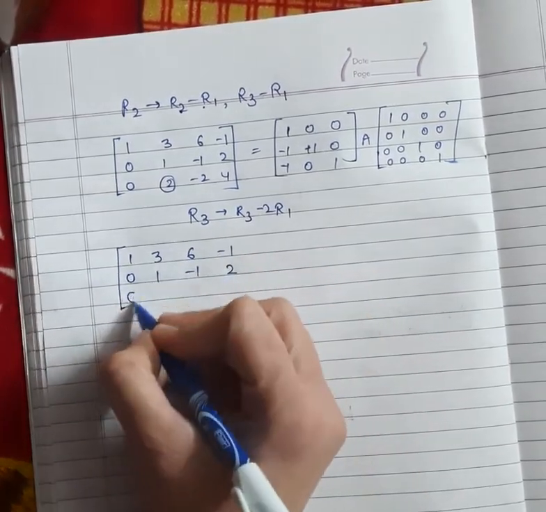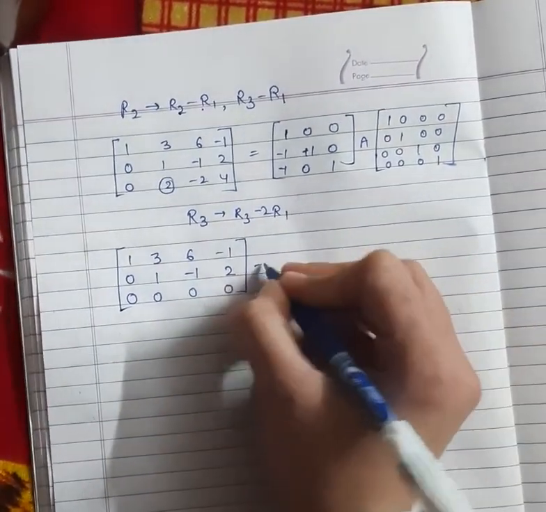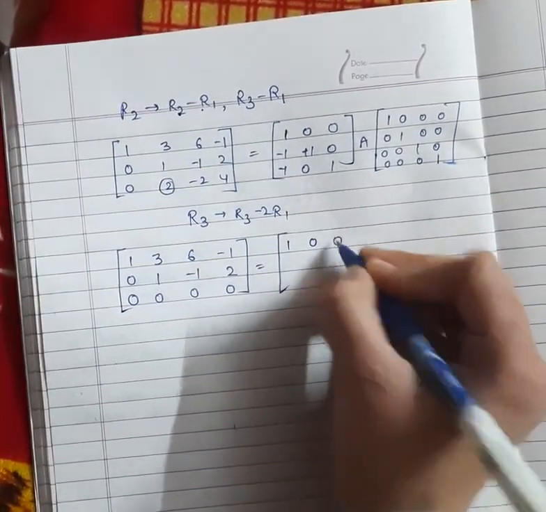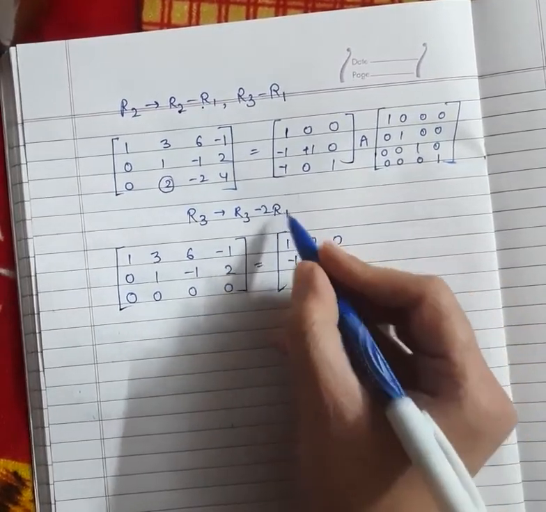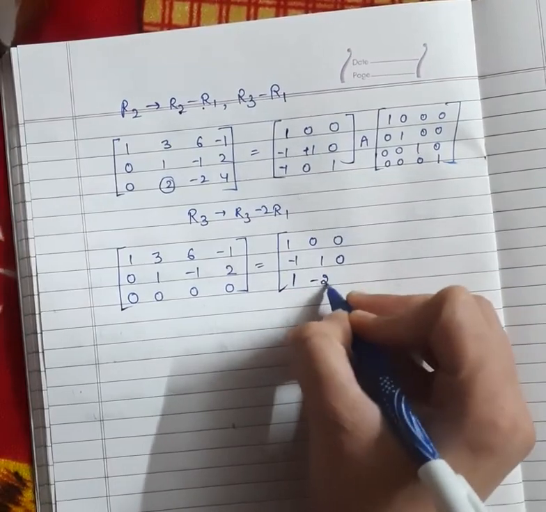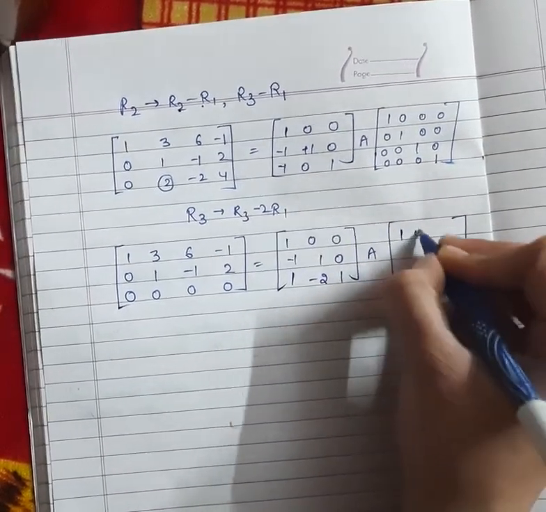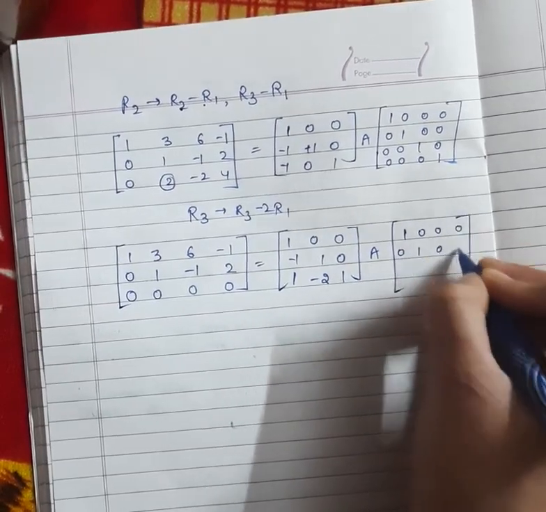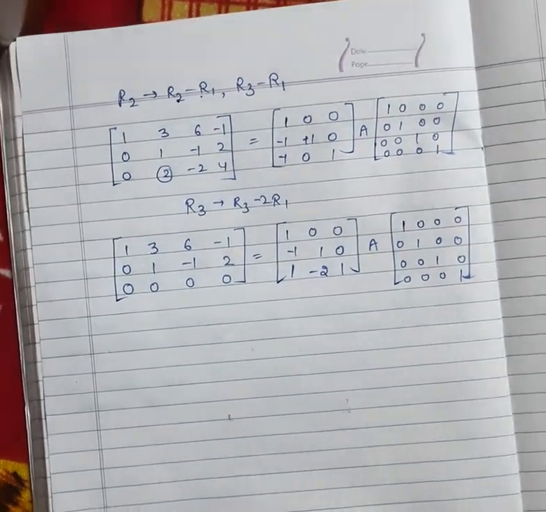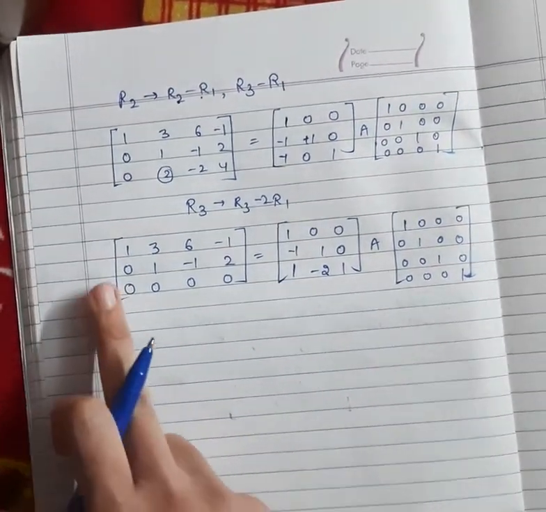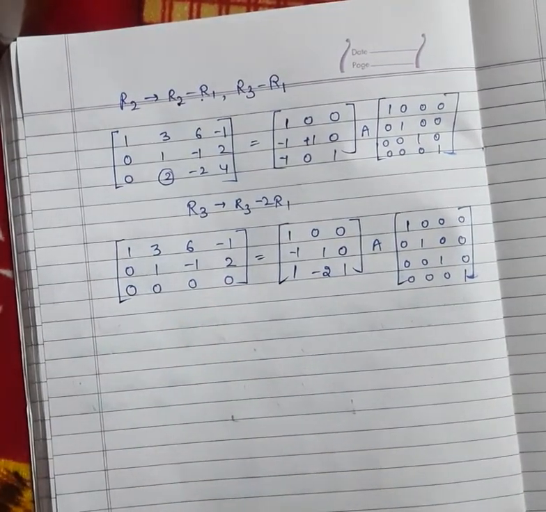Applying this operation we get the last row as complete 0, and applying the same operation on the right side we get R3 minus 2R1: 1 minus 2 1. Again the second matrix will remain the same unless we apply column operations. Now we have achieved zeros in the lower part of this matrix.